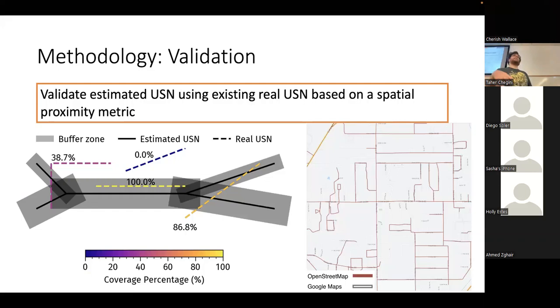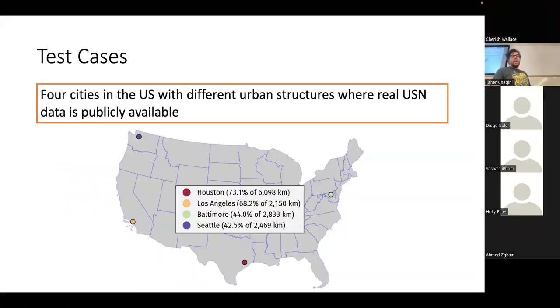These are the places that had relatively good quality existing below ground data. So I wanted to use my algorithm to estimate the data based on the above ground data, and then compare them with the existing below ground data to see how good a job it is doing. So these are the cities that I mentioned: Houston, San Fernando Valley in Los Angeles, Baltimore, and then Seattle. These are the 4 cities that I selected for the analysis.